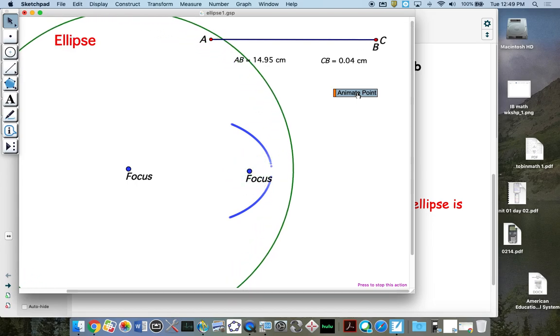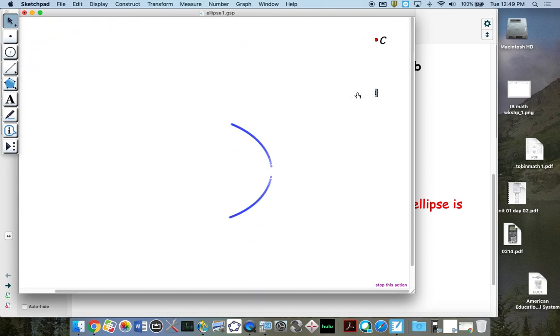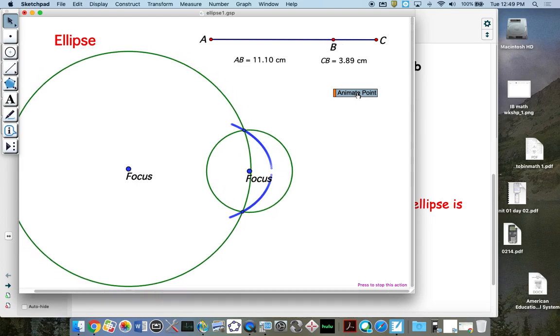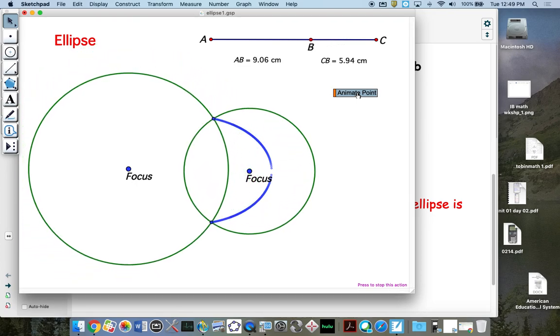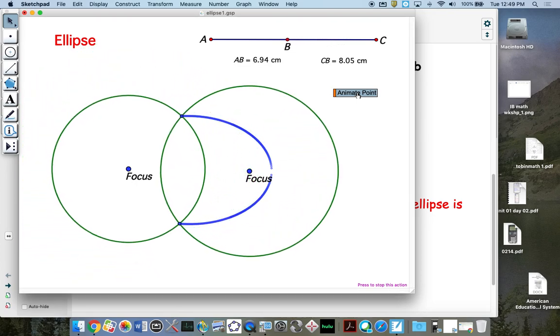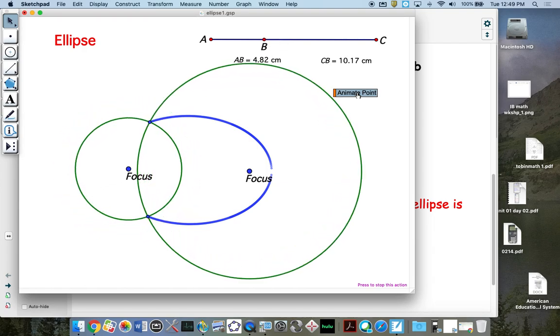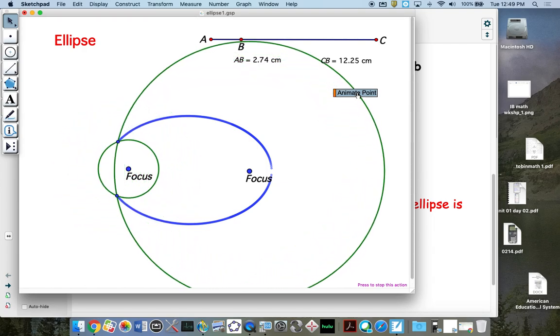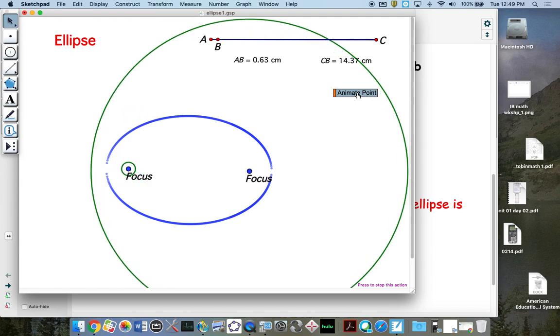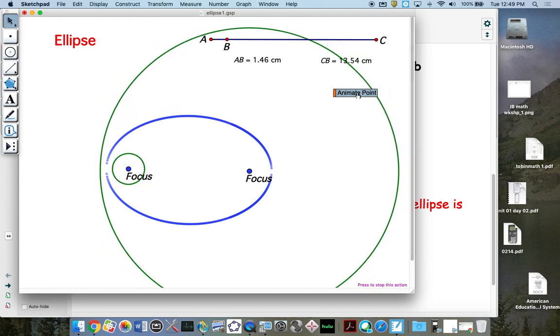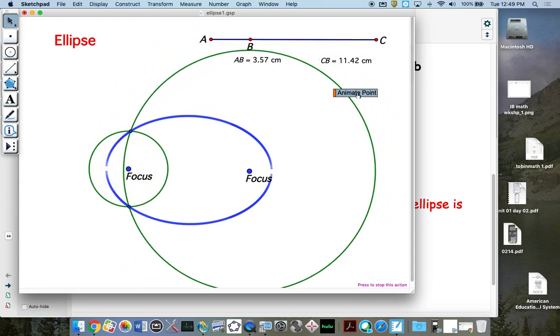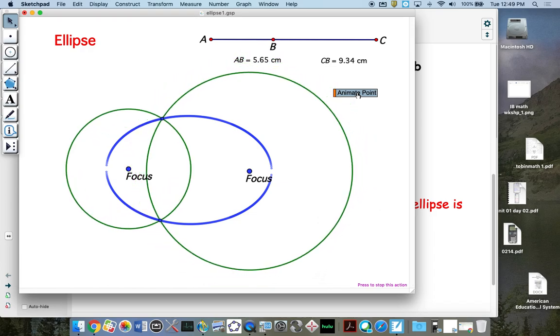So in other words, I took the foci and I moved them away from the center, because the center is halfway between them. And so look what happens as I move them away. Our ellipse gets more oblong, or less circular.